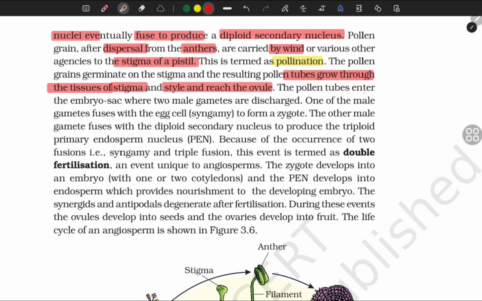The pollen tube enters the embryo sac where two male gametes are discharged. One of the male gametes fuses with the egg cell, syngamy, to form a zygote.